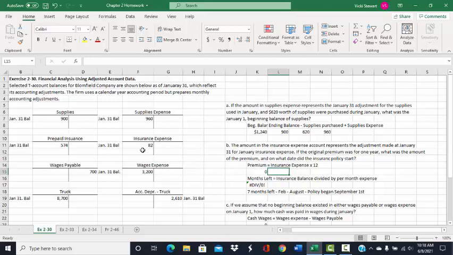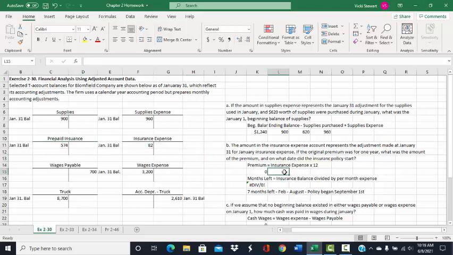Okay, so let's look at our accounts. We have $82 in insurance expense, so $82 is 1 month's insurance expense. And then we have $574 still left in prepaid insurance. So we originally had a larger amount, but this month we expensed $82.